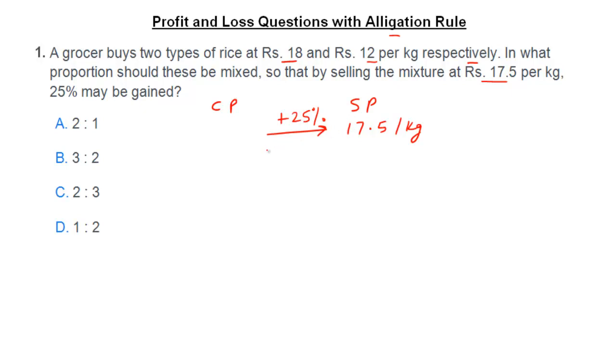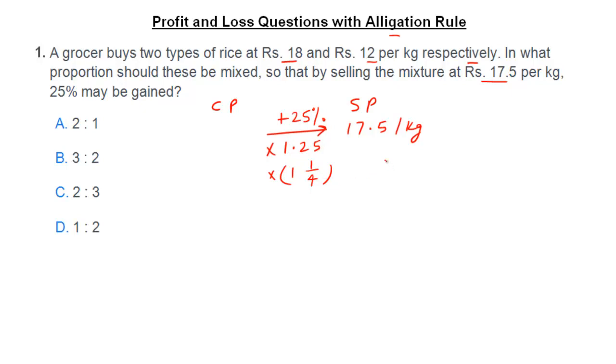So we multiply the cost price by 1.25, or 1 whole 1 by 4. Why are we doing that? Because selling price is 125% of the cost price. That's why we have multiplied by 1.25 or 1 whole 1 by 4.